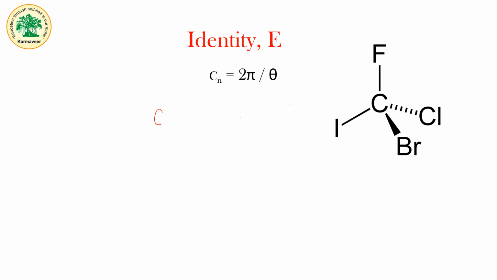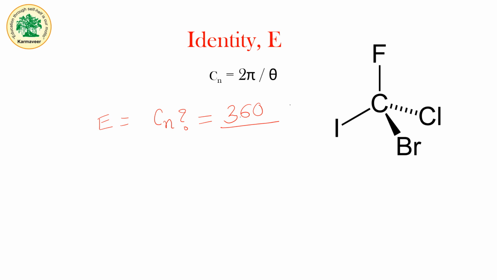for the identity operation, what will be the Cn value? Now if you solve this equation, that is 2 pi, that is 360 divided by the angle of rotation, for E it is 360, because as we said, doing nothing or rotation by 360 is the place where your molecule will come back to its own place.